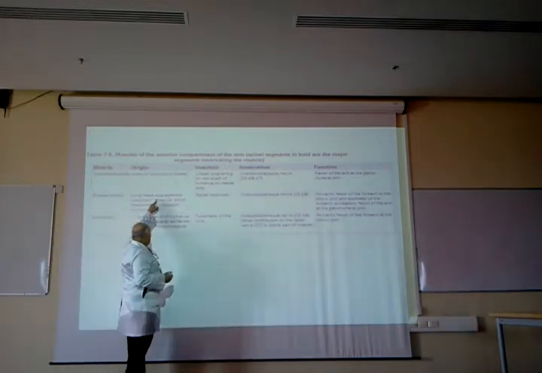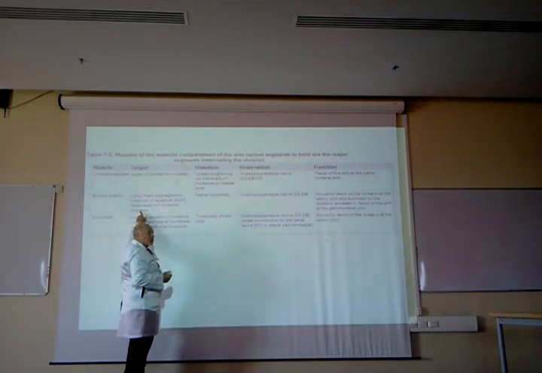This is the long head. While the short head arises from the tip of the coracoid process with the coracobrachialis. So here, long head from the supraglenoid tubercle of the scapula, short head from the apex of the coracoid process.